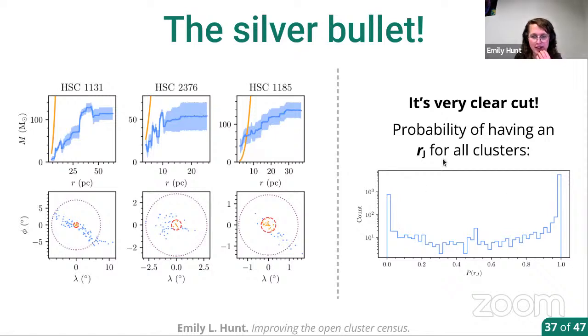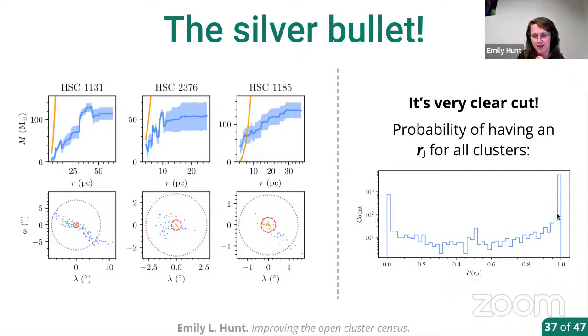And as well as that, it's also quite clear cut. The probability of having a valid Jacobi radius is either basically clusters very obviously have one, or the reliable, well-known open clusters very obviously have a Jacobi radius. And then there's also about 1,000 things that are very obviously moving groups. There's some stuff in the middle, particularly for things that have lower masses. It can be a little bit harder to tell.